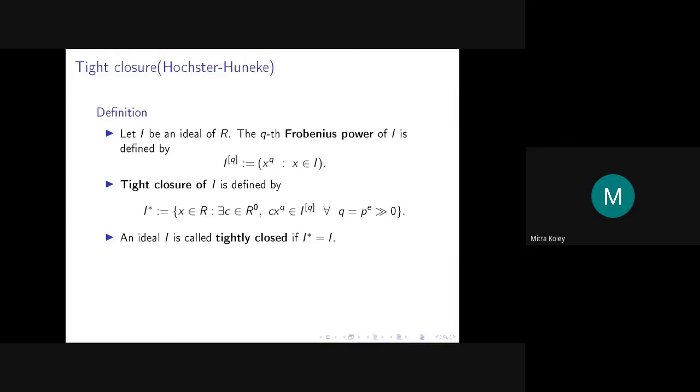An ideal is called tightly closed if its tight closure is itself.